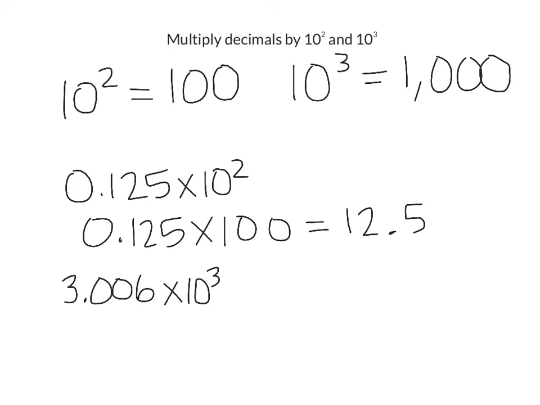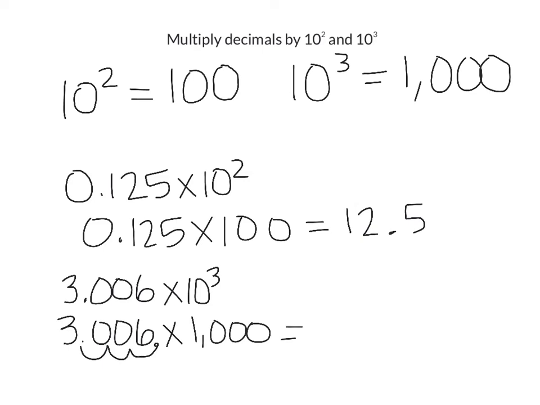Now let's look at 3 and 6 thousandths times 10 cubed. So that's really the same thing as 3 and 6 thousandths times 1,000. So we're going to move every digit 3 places to the left, or move the decimal point 3 places to the right.